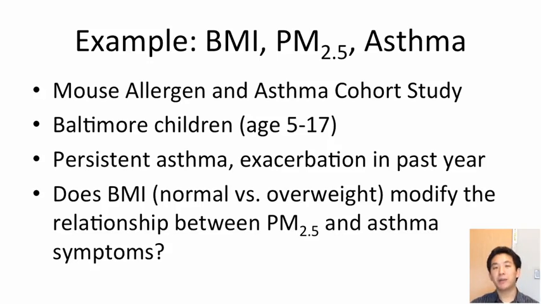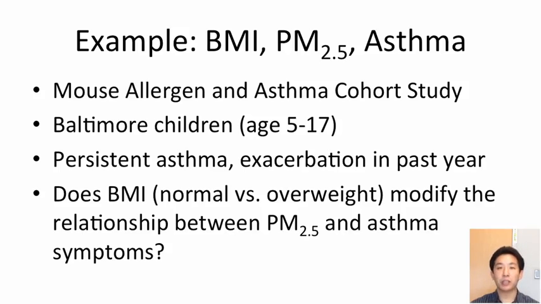The running example that I'm going to use for this lecture, which I've spoken about previously, comes from the Mouse Allergen and Asthma Cohort Study, which was conducted here in Baltimore. Just very briefly, this is a study that included Baltimore children aged 5 to 17. They all had persistent asthma with an exacerbation in the past year. We're interested in a lot of the environmental triggers for asthma morbidity in this study.